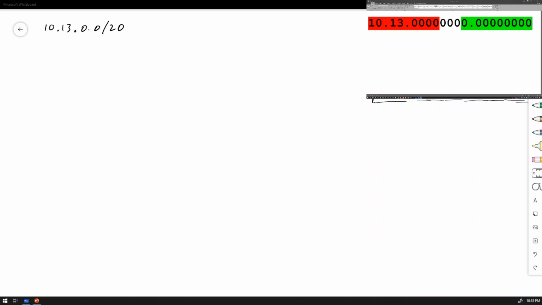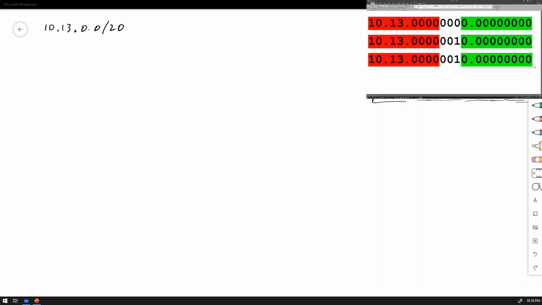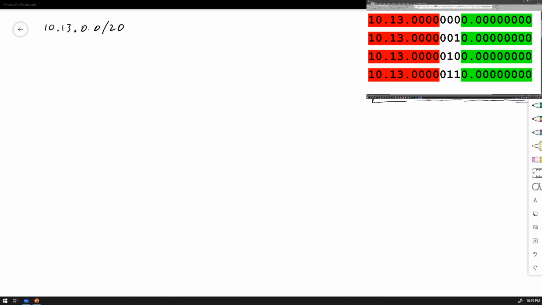So we can have 0, then the next combination would be 1 0, the next combination would be 1 1, and you get the idea. It keeps on going till 1 1 1. First we're going to work with the first line, and the others will be coming later anyway.